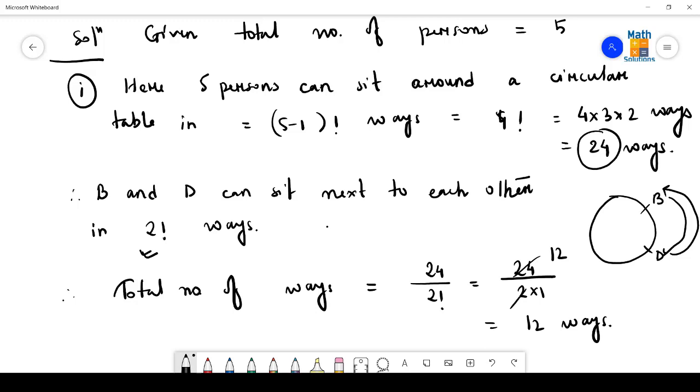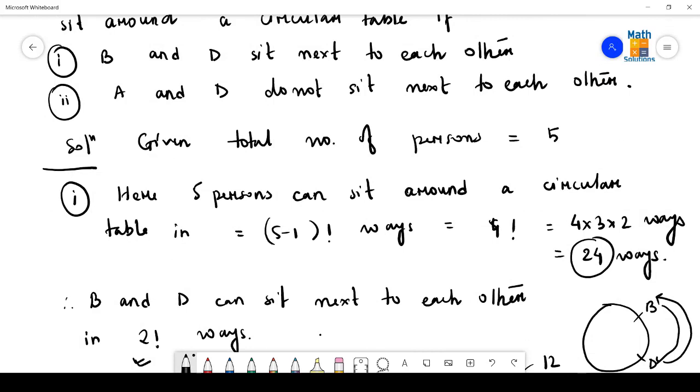Then coming to the second part of this question, let us check what is said. In the second part, A and D do not sit next to each other. This means it will follow the rule of no same neighbors.